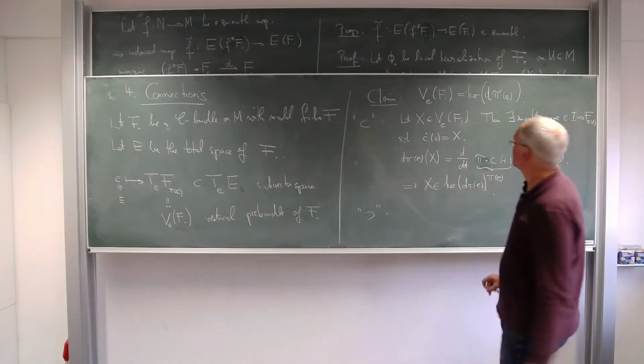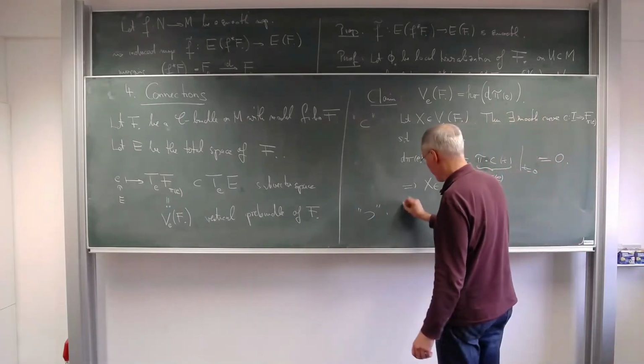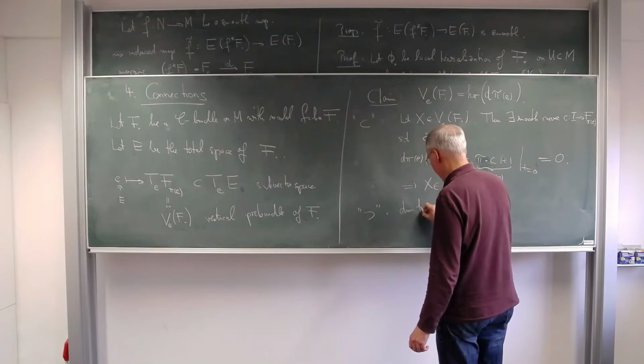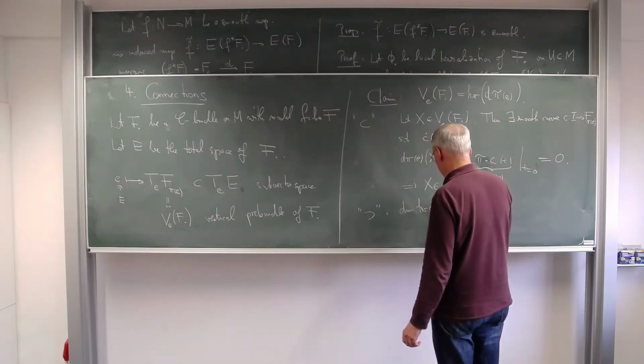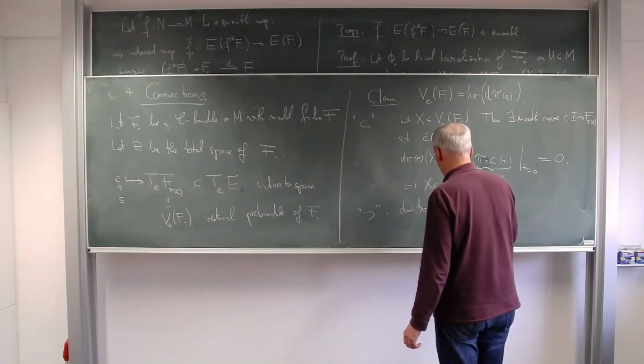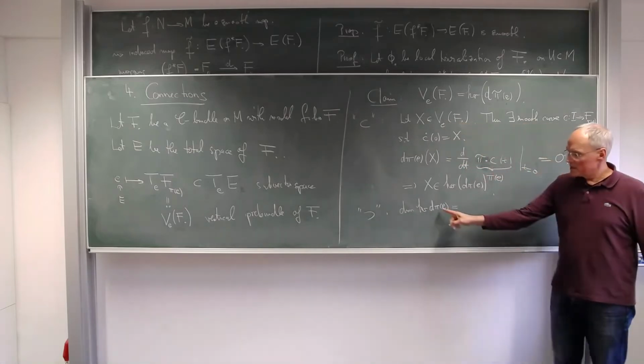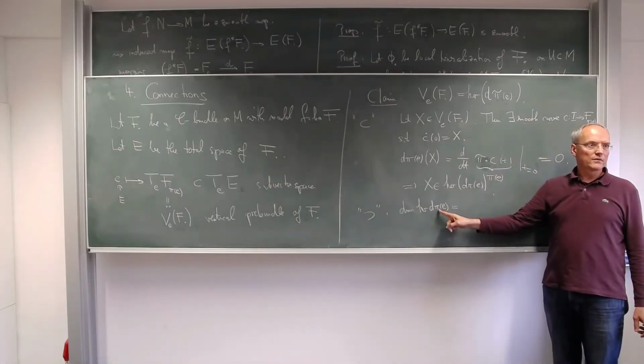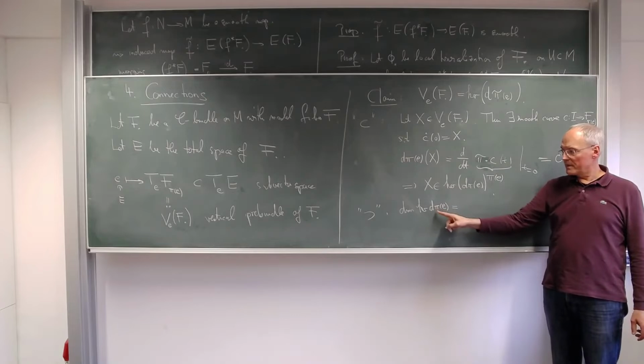And well, what is the dimension of the kernel of the differential of pi at e? We know that pi is a submersion, so the differential d pi is surjective.